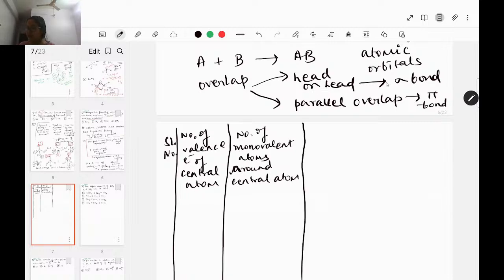Now number of valence electrons of the central atom, number of monovalent atoms around the central atom, and then we have the total number divided by 2.